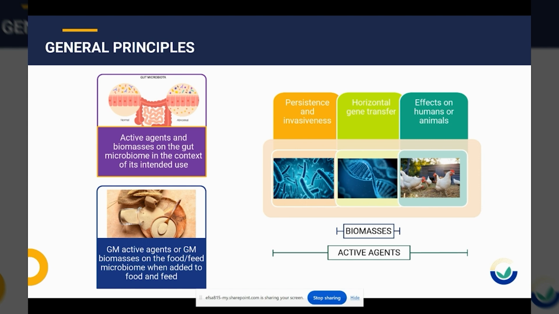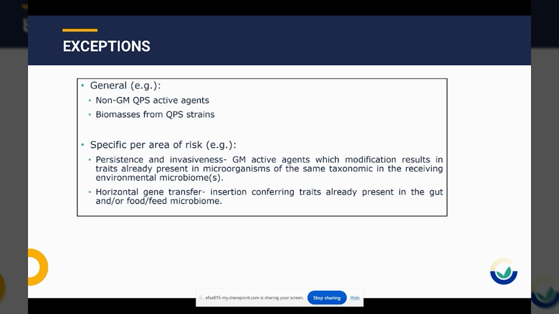The areas of risk considered are, for biomasses again, horizontal gene transfer only, and for active agents, persistence and invasiveness, horizontal gene transfer, and effects on humans and animals.